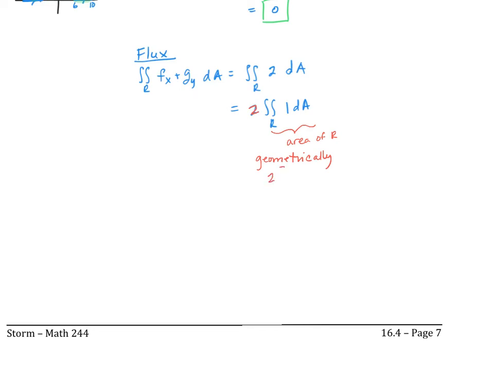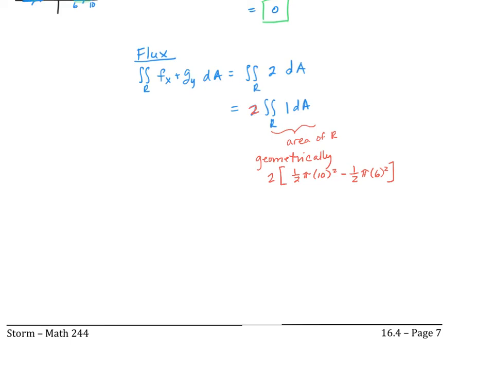So I have a 2. The area of the region is going to be half of the outer circle minus half of the inner circle. So 1/2 pi r squared, 10 squared, minus the half circle with radius of 6. So that's what it would look like geometrically.